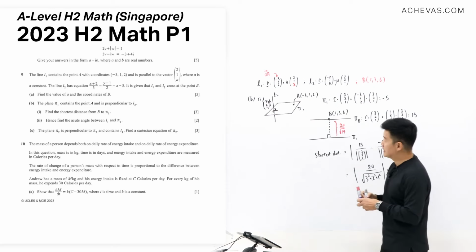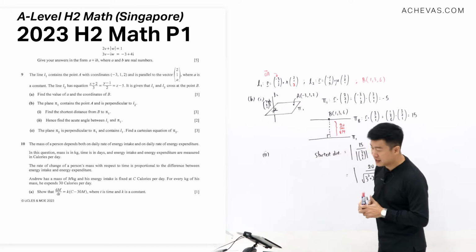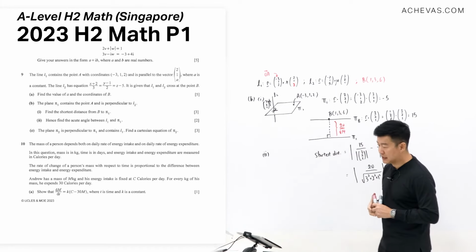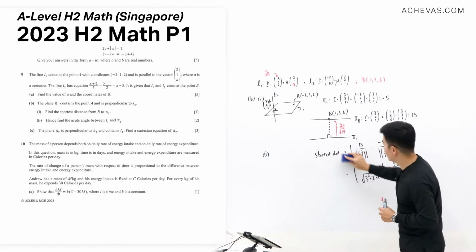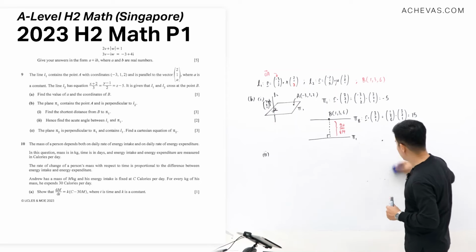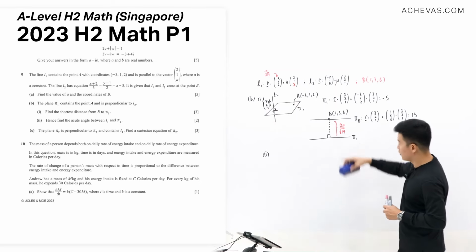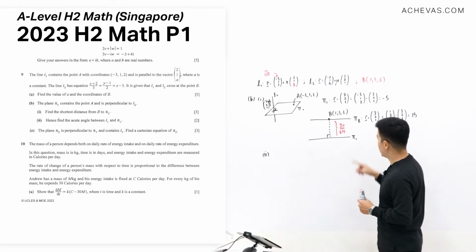Part 2 is a bit interesting because of the "hence". The question says hence we want to find the acute angle between L1 and pi 1. To find that acute angle, we make use of what we have found so far, which is 20 over square root of 14, the shortest distance between B and pi 1.